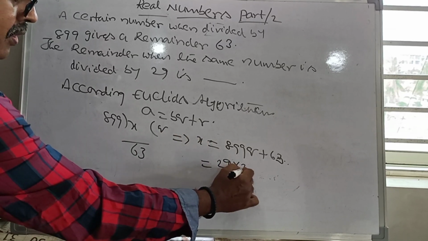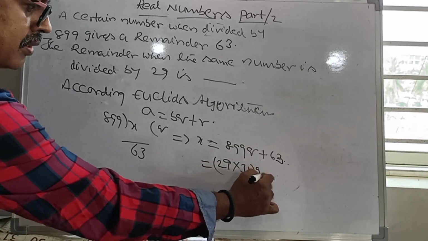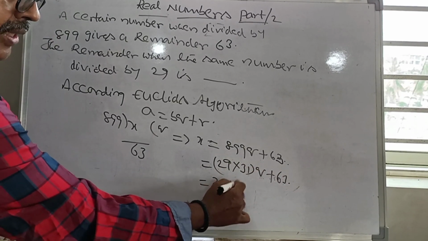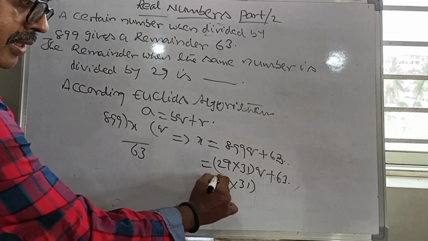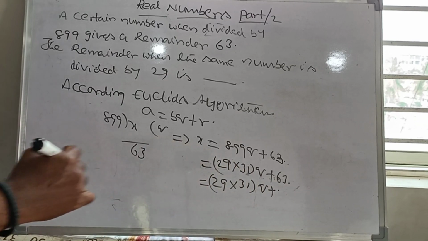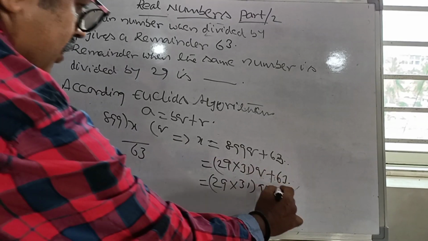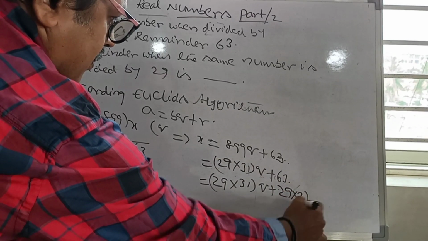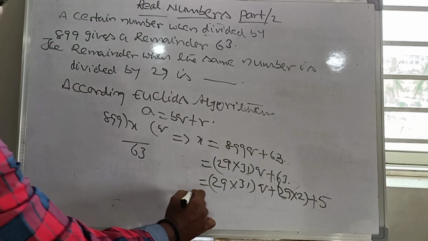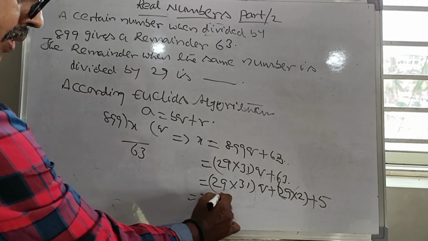899 can be written as 29 into 31, so x is 29 into 31q plus 63. 29 twos are 58 plus 5, so 63 is 29 into 2 plus 5. What can be taken as the common factor here? 29.